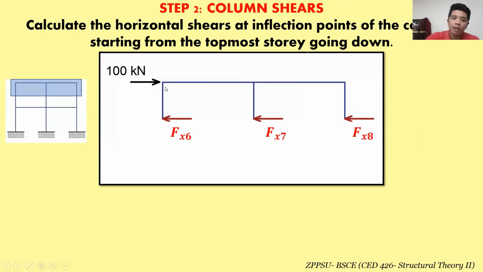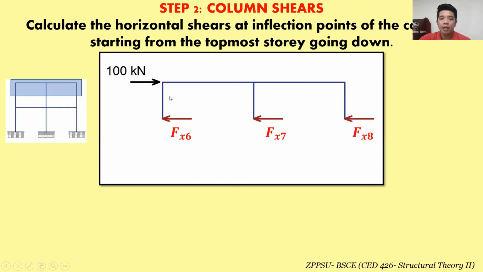So if your story height is 4 meters, so kalahati niya is 2. So we have forces acting dito sa inflection point. So this is denoted as 0.6, 0.7, and 0.8. Kaya dinenote ko siya as force sub x6 kasi x direction. F sub x7 kasi x direction din siya at 0.7, and F sub x8.